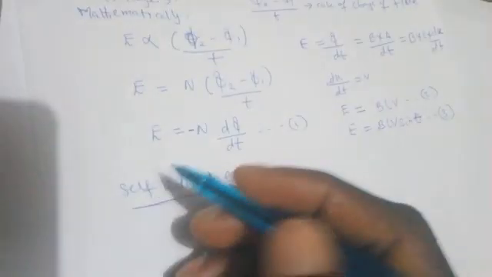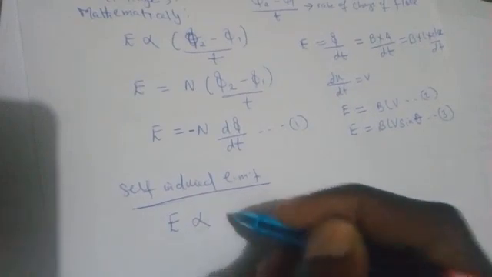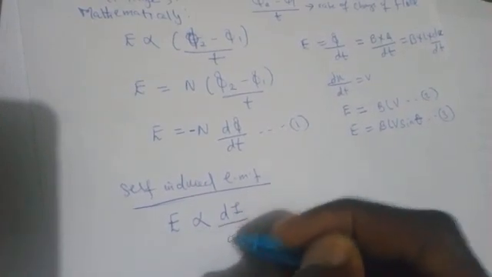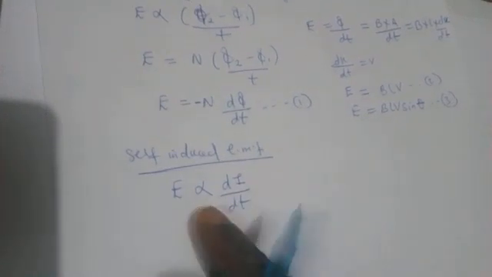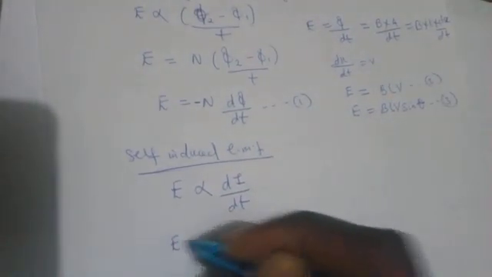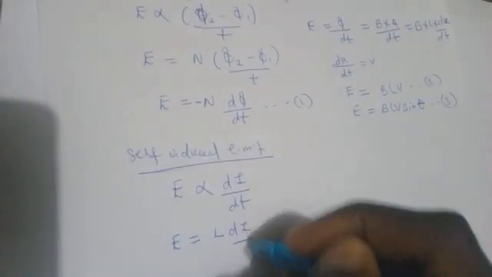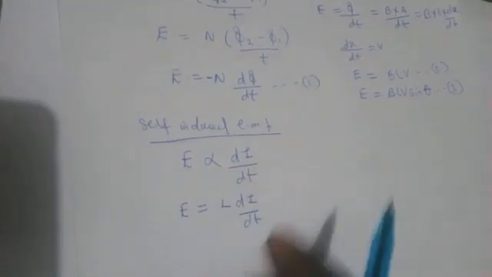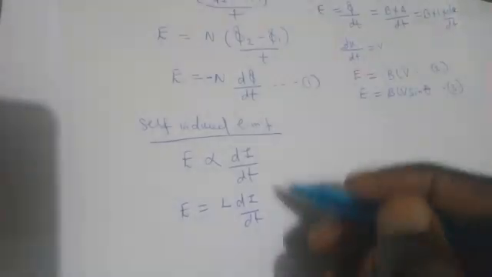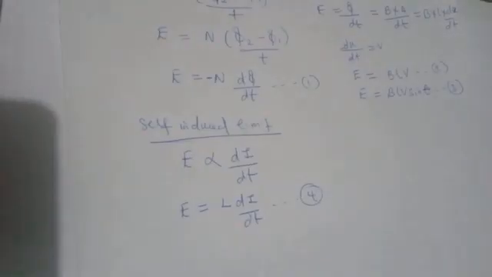Then it shows that our E is what? Directly proportional to the di over dt. Now, if I bring a constant of proportionality, I will have E equal to, let's say, L di dt. Now, this is the equation for a self-induced EMF. Let's call that equation 4.